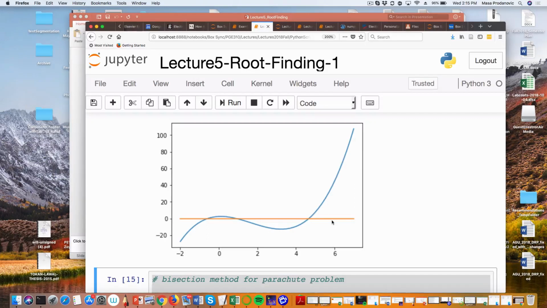Then what does the bisection method do? It looks at f of -2 and f of 2. When I multiply them, is that positive or negative? This one's negative, times this one is negative, so the multiplication is positive, right? Both are negative, and therefore this is not a good bracket.